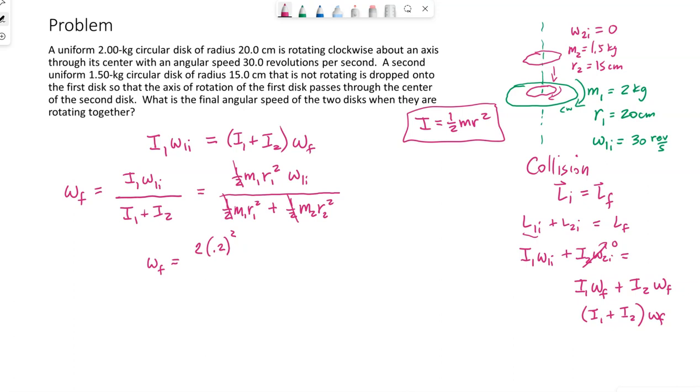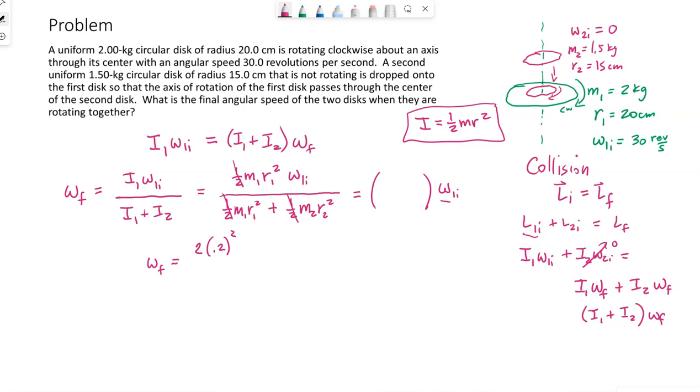Now, omega 1 is given in terms of revolutions per second. Ultimately, everything multiplied by omega 1 initial are MR squared. Those units are going to cancel.